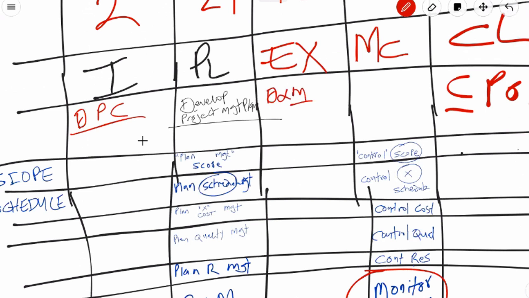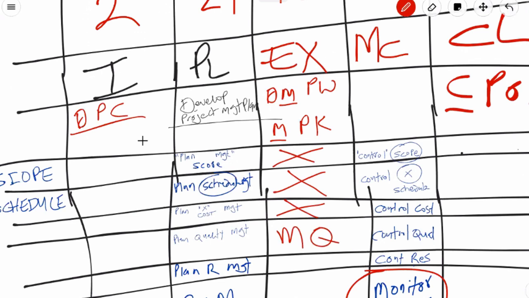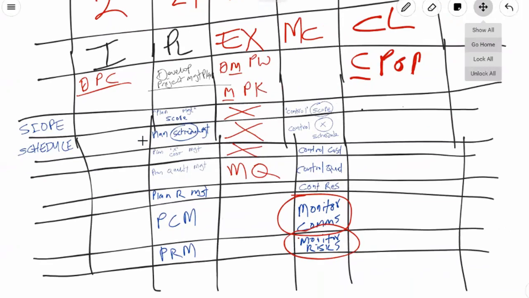See, direct and manage, DM, direct and manage project work. The second thing we've got is manage project knowledge. You see, the word manage occurs a lot. Nothing here, nothing here, nothing here. And here we have manage quality. See that? So the word manage is the recurring theme.